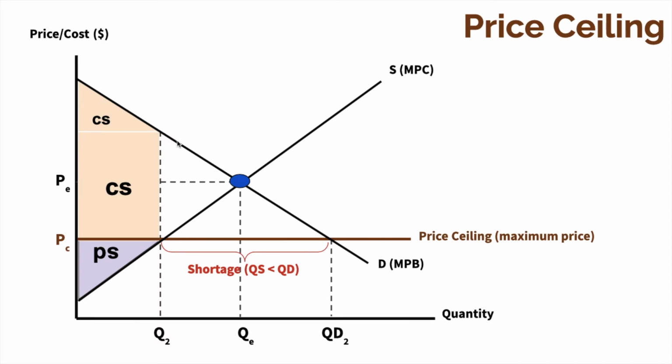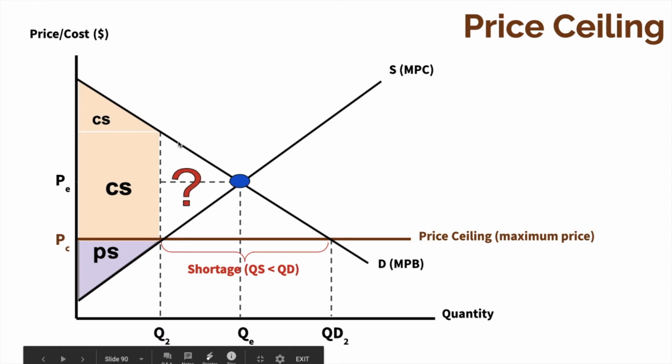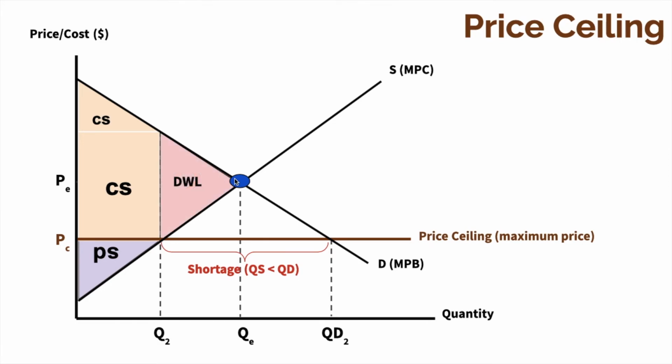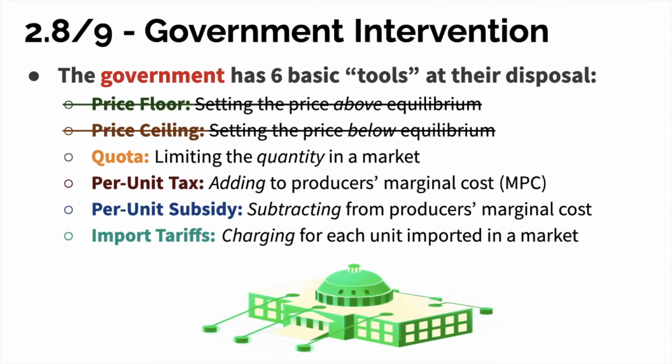All of these consumers from this point down to this point are left stranded. They don't have anywhere to buy this particular good because Q2 is what's being produced. Because of that, we have this loss in market surplus, and that would be our deadweight loss.